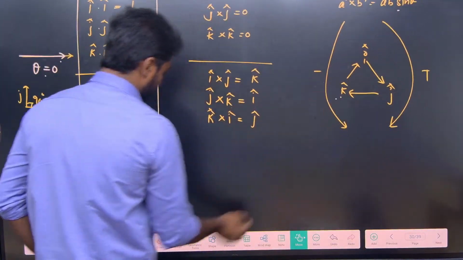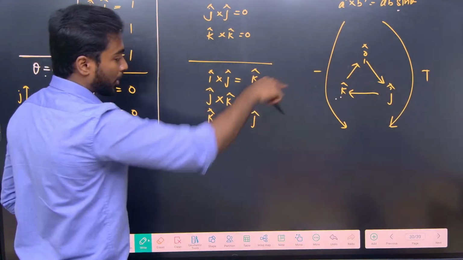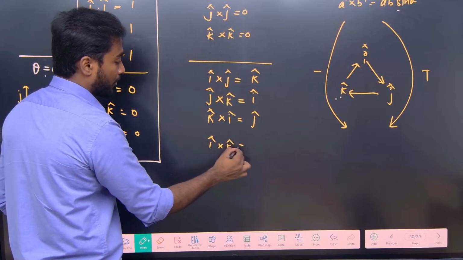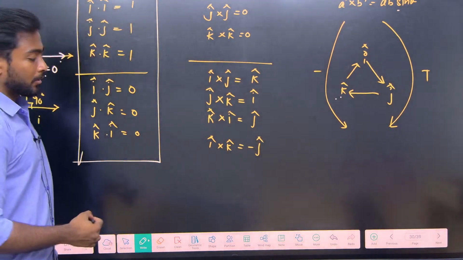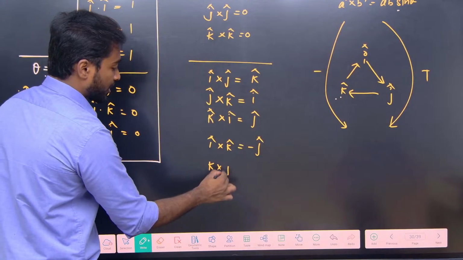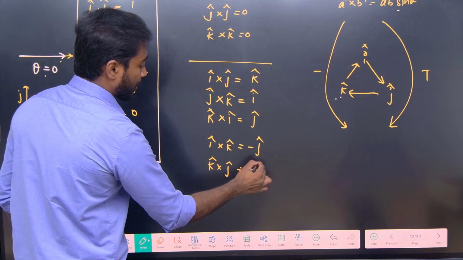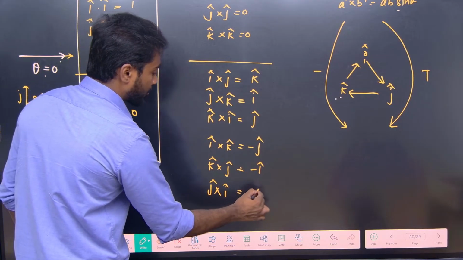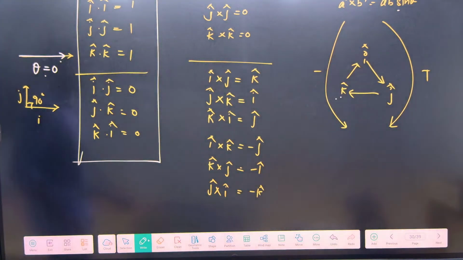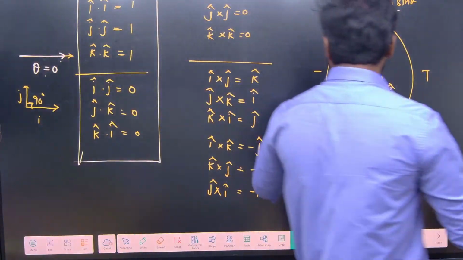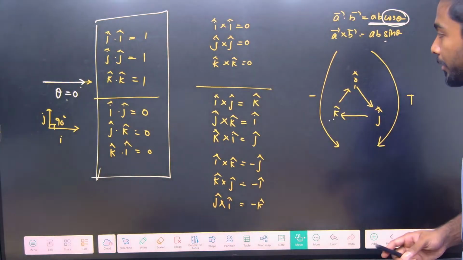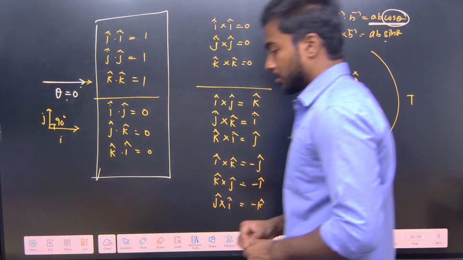Similarly, if I go in the opposite manner, I cross K will give minus J, K cross J will give minus I, J cross I will give minus K. Okay, these are the important points. Note them down once we go into problem solving. You can take a note of this.